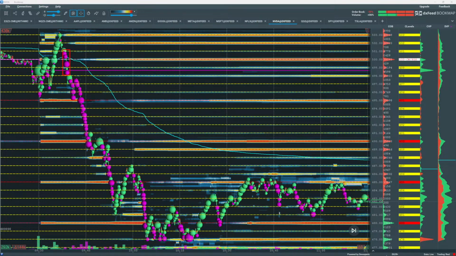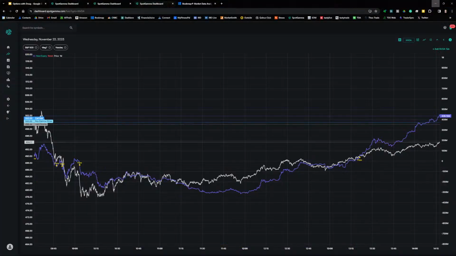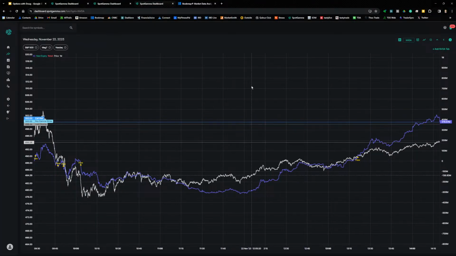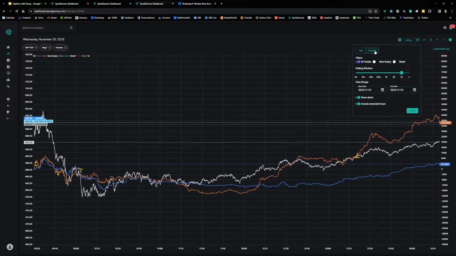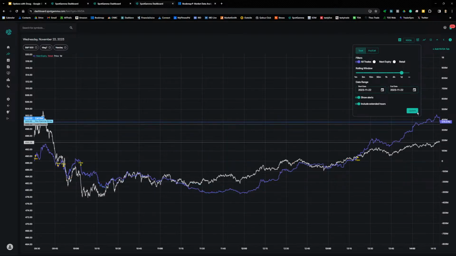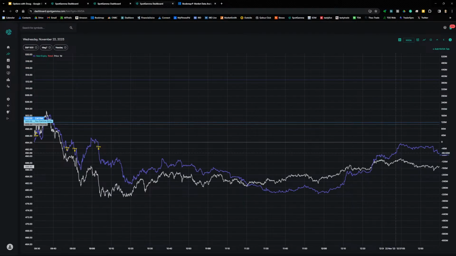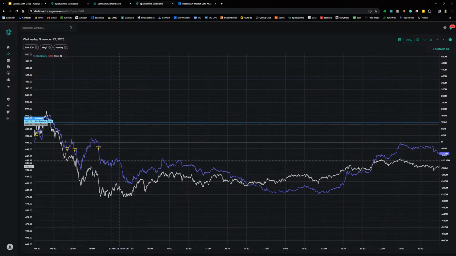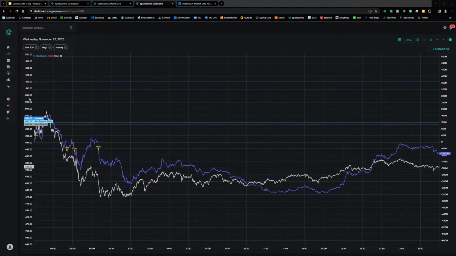Let's go back to Hero and see what options traders were doing. Okay, so the thing to note here is initially traders were taking negative delta positions, shown by the falling purple line as price crossed above the 500 level.